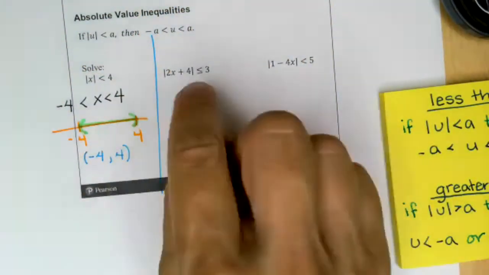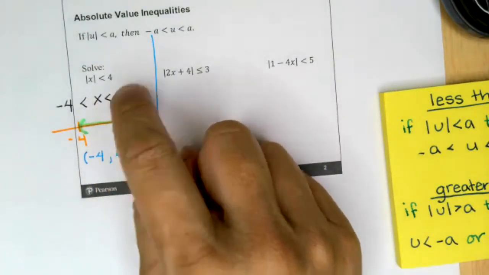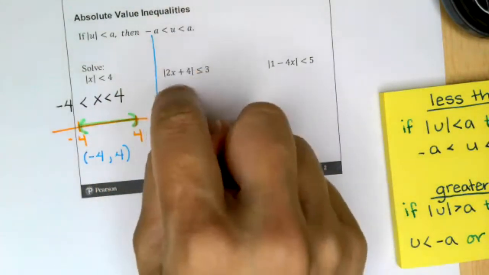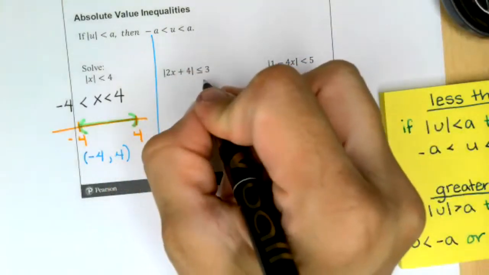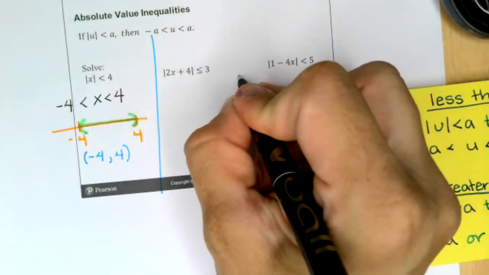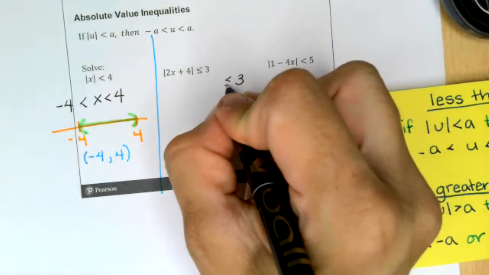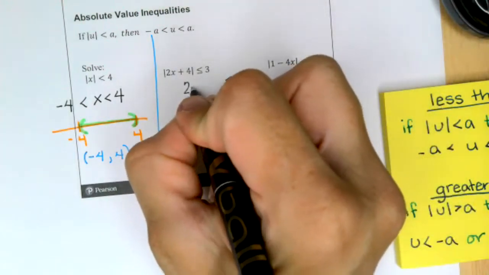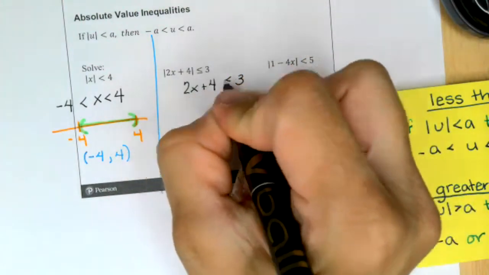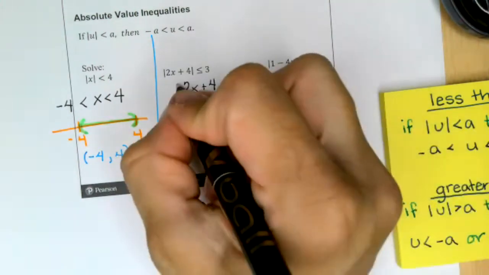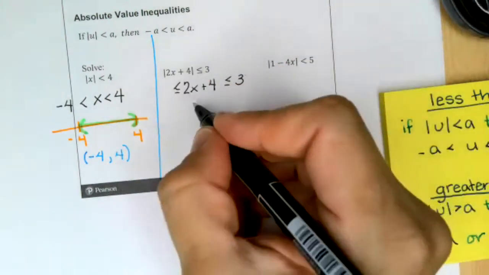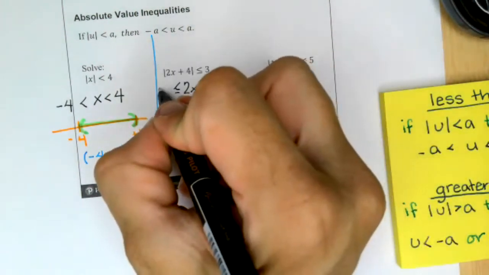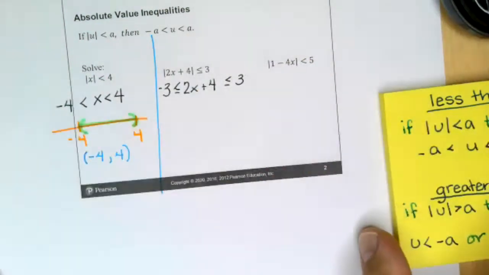All right, same thing. Set it, rewrite it as this because it's already isolated. So we've got 2x plus 4 is less than or equal to 3. And greater than or equal to -3. Ooh, I forgot about that.